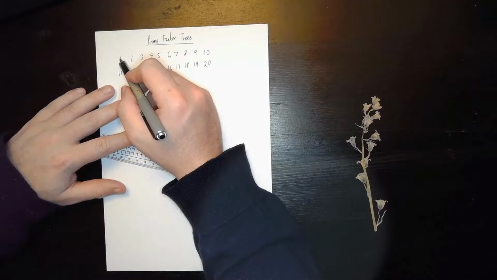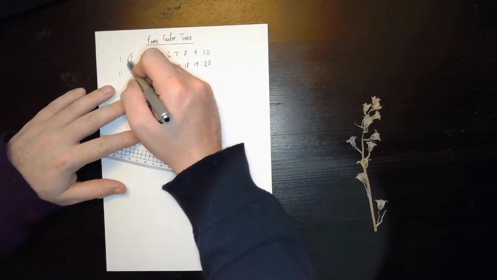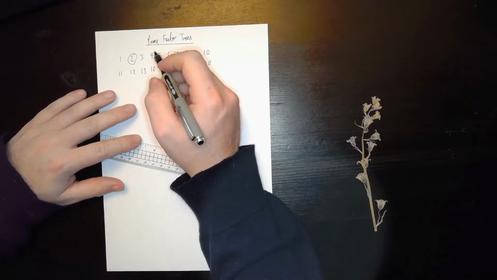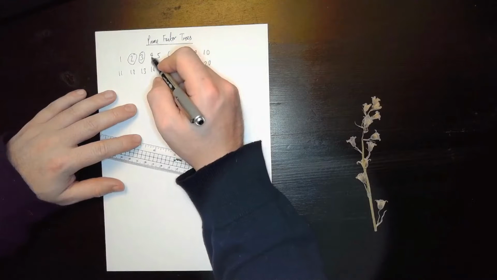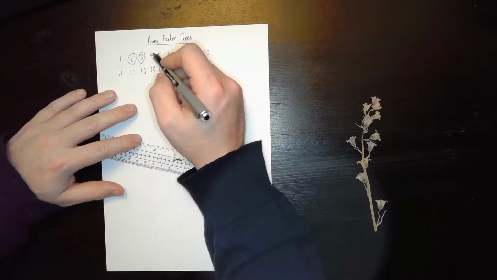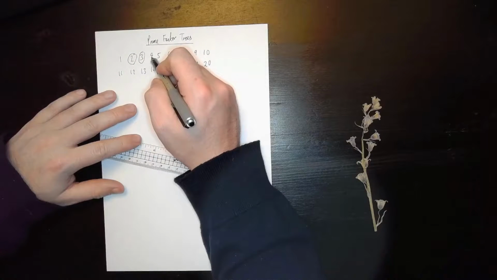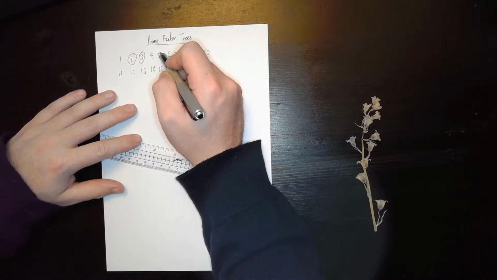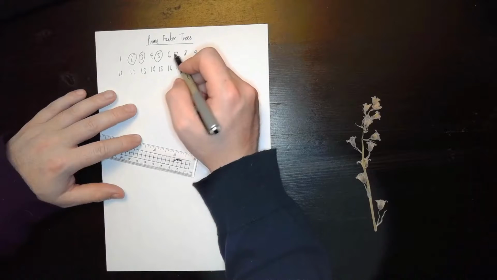So 1 is actually not a prime number. 2 is a prime number because 1 and 2 go into it. 1 goes into everything. 3 is a prime number because only 1 and 3 go into it, so it has exactly two factors. 4 is not a prime number because 1, 2 and 4 go into it. 5 is a prime, only 1 and 5 go into it, so it has exactly two factors.